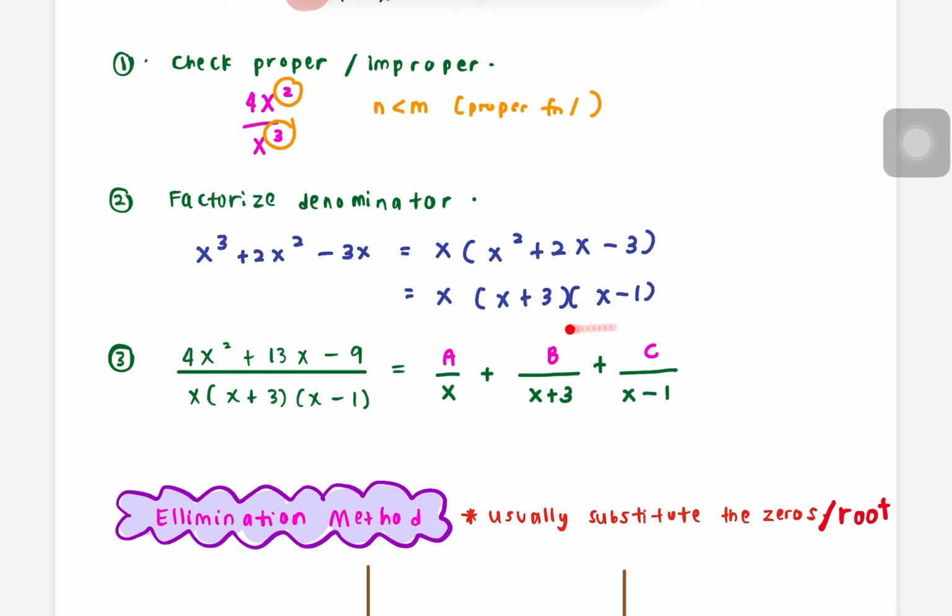So how to solve for A, B, C? You are solving this whole fraction form, so you have to recall chapter 1, which is fractions. How to solve fraction equations? You have to eliminate the whole denominator in order to find all the unknowns A, B, C. So how to eliminate the whole denominator? If you look at this, you have x, x plus 3 and x minus 1.